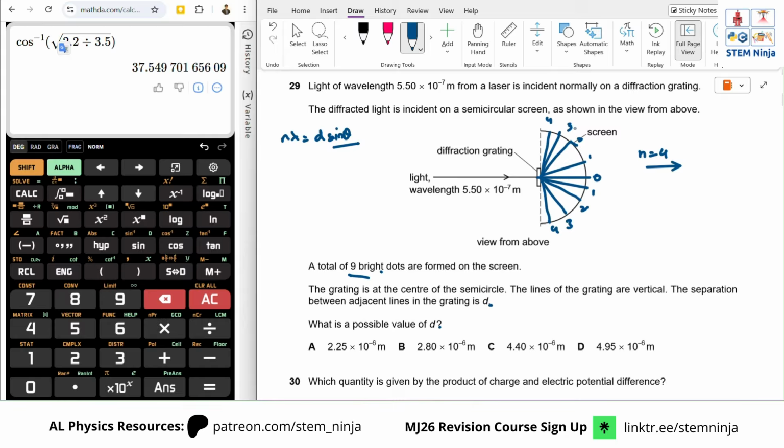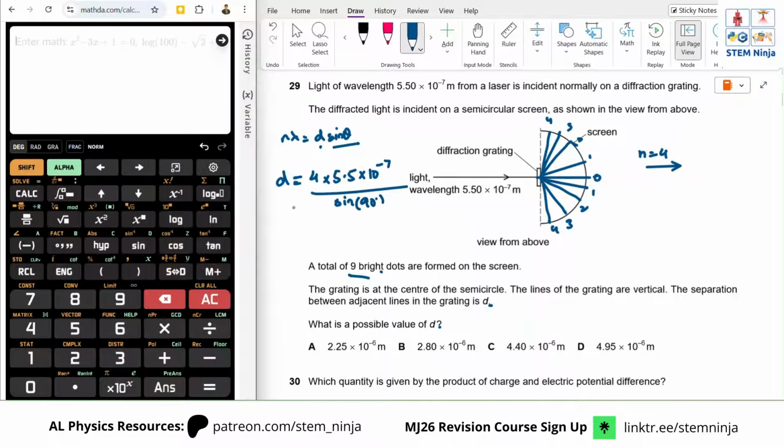But what is the possible value of d? So if we put 90 into theta, d is 4 times 5.5 × 10^-7 divided by sine theta, which is just sine 90, that is just 1.